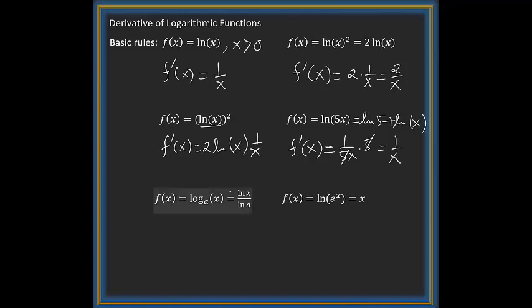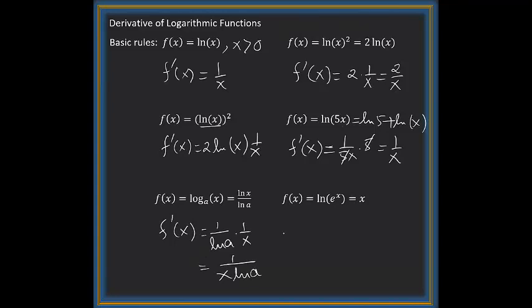When I take the derivative, you can consider natural log of a a constant, so pull it outside. So f prime of x is 1 over natural log of a, the constant, left outside, times the derivative of natural log of x, which is 1 over x. So you can simply say 1 over x natural log of a.